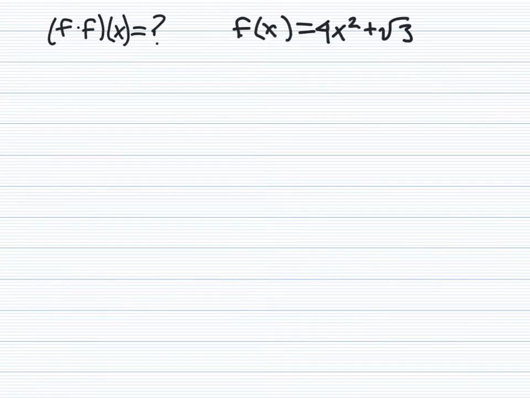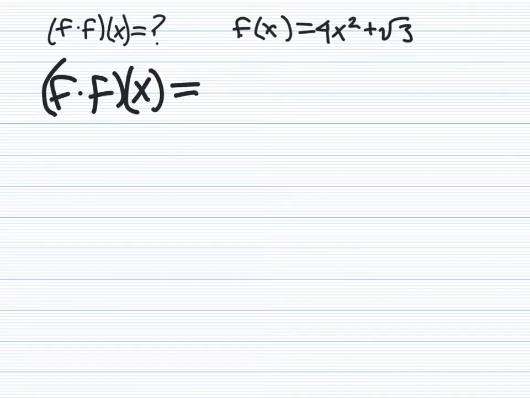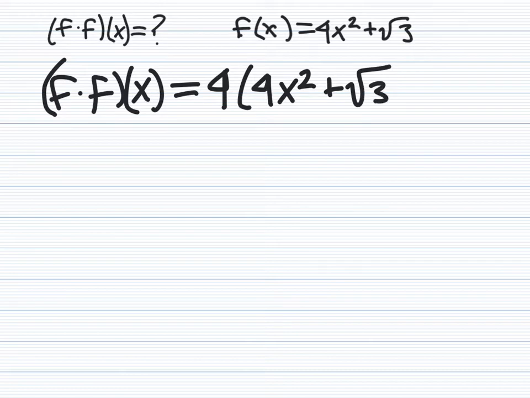Here's another example you might have: f of f of x equals what? Sometimes you only have one function onto itself. So that would be f of f of x equals 4 times (4x squared plus root 3) plus root 3.